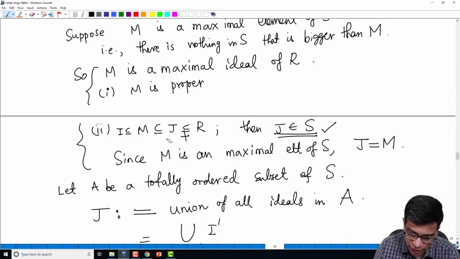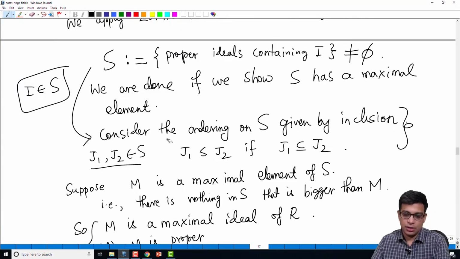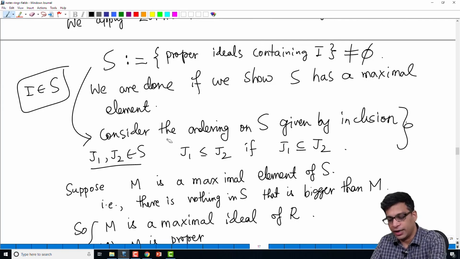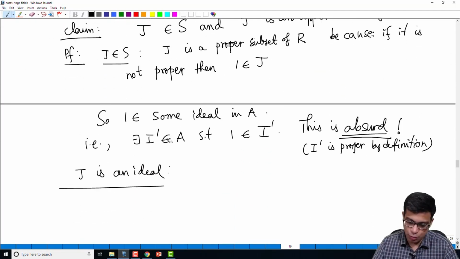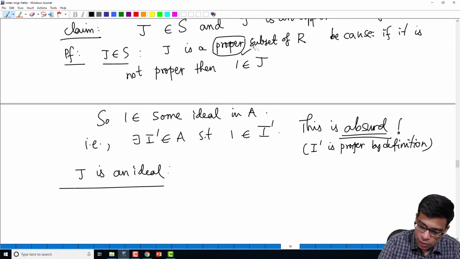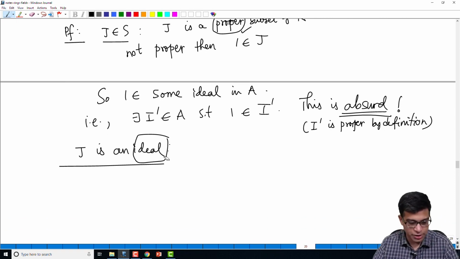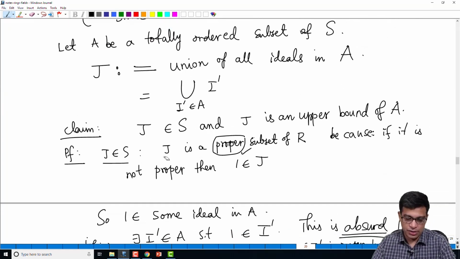So we have 3 words here in S. It is proper, ideal, contains I. So we showed that it's proper, we will now show it's an ideal, then we will show it contains I. So J is proper, that is correct. Now we show that J is an ideal. Why is J an ideal? This is the most interesting thing, and in fact this is where we need that capital A is totally ordered.